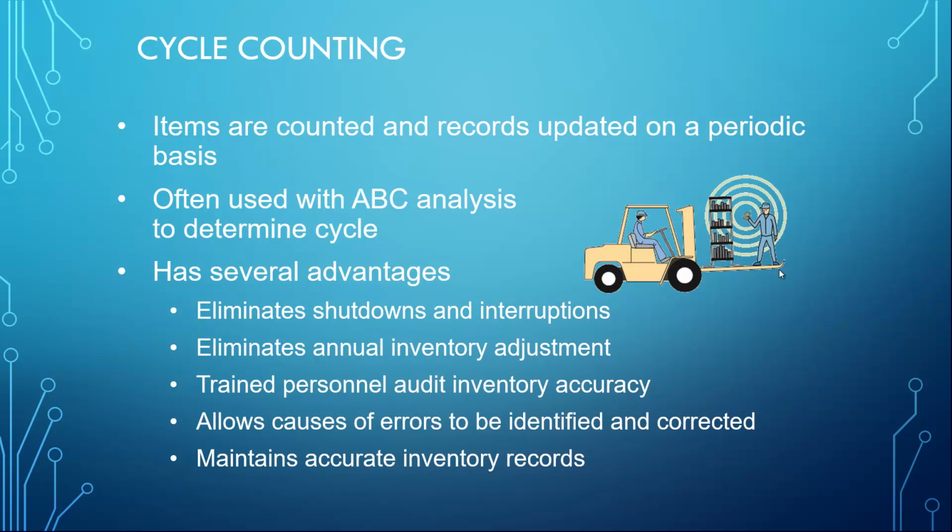Whoever is using the system knows exactly how to count and how to do inventory adjustments. It allows the identification of the root causes of errors, which provides the opportunity to correct those errors. The periodic counting maintains accurate inventory records all the time because of that continuous correction.